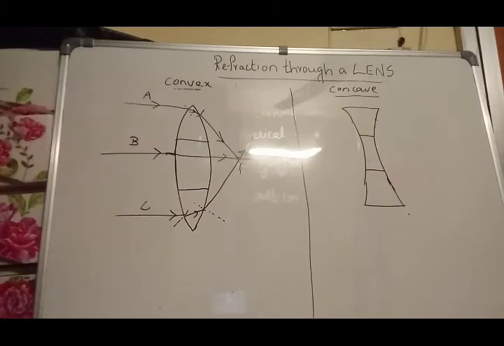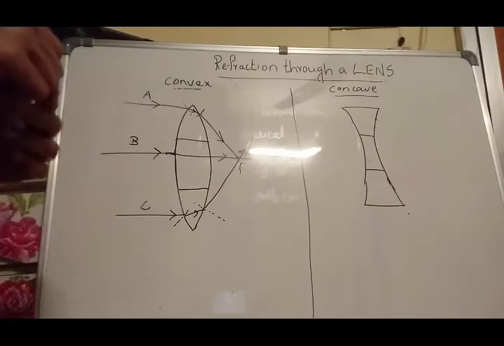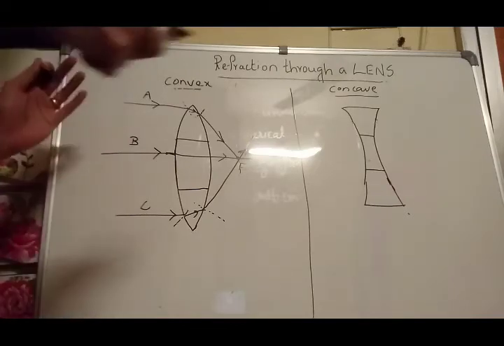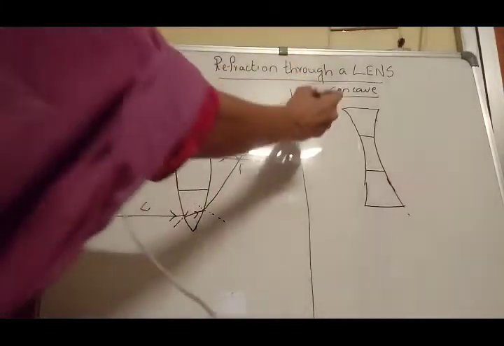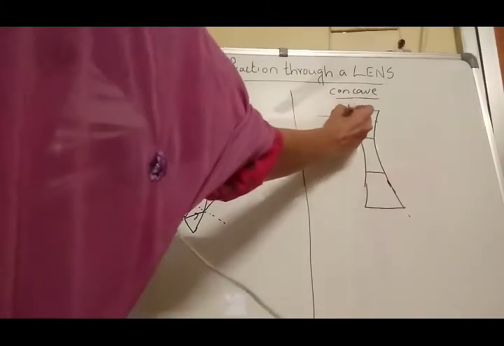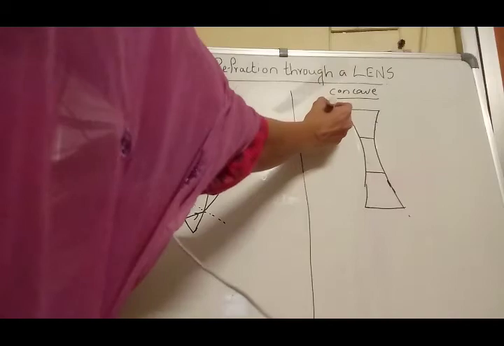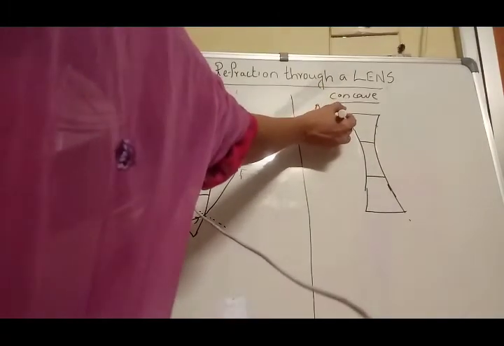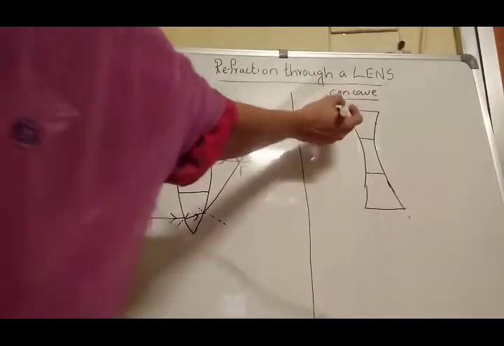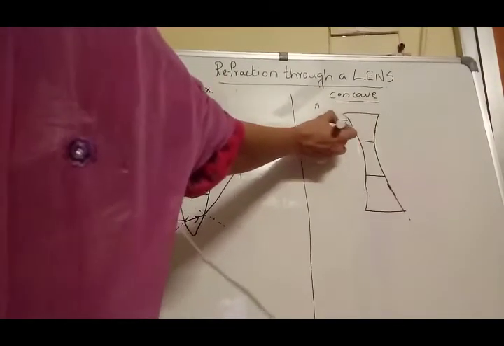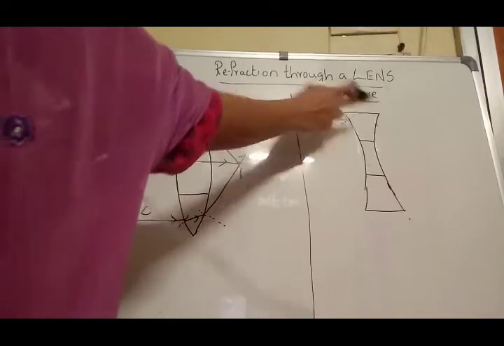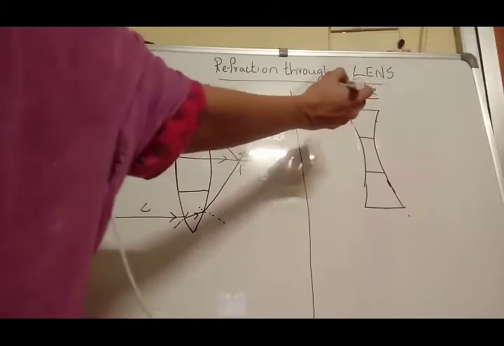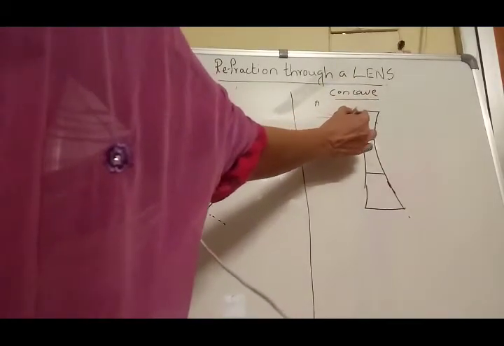Now let us see how the ray of light behaves in the case of a concave lens. The same thing can be taken in the case of a concave lens also. Let us consider that this is a ray which is striking the first prism. Here this is the slanting region, so you draw a normal. When it is traveling from air to glass, it bends towards the normal, like this.